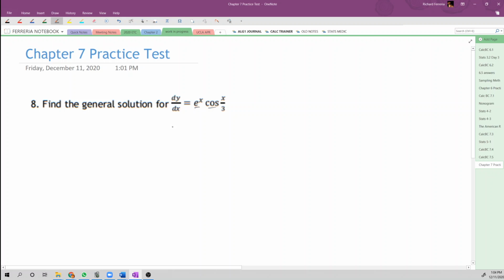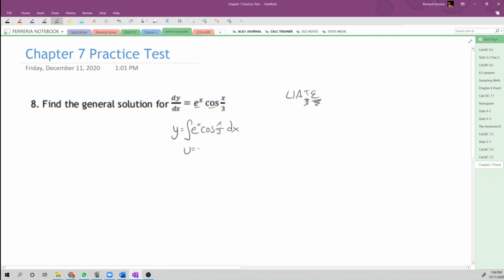So let's write this as an integral. y is going to be equal to the integral of e^x cosine(x/3) dx. And using LIATE, we see that we have an exponential function and a trig function. Since trig is higher up on the list, we're going to start with u equals the trig function.